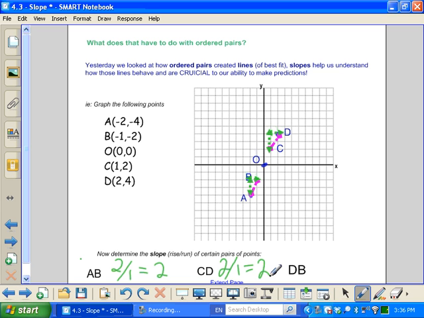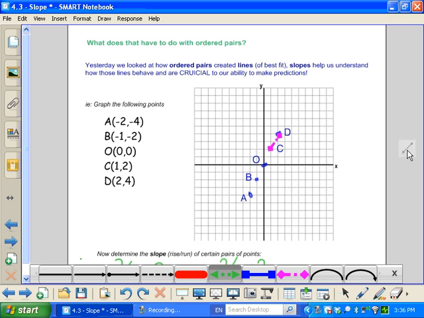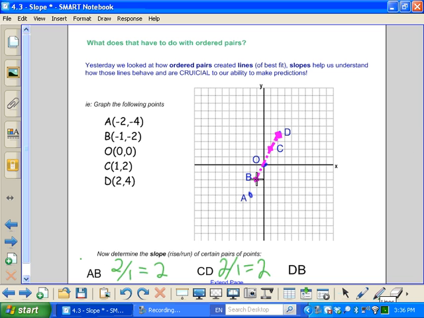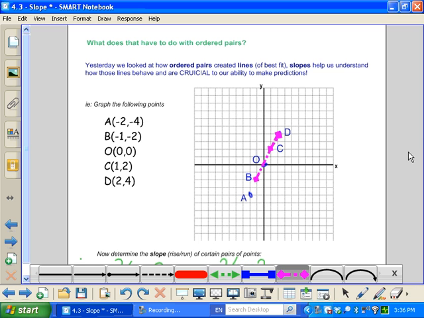What about DB? Here's something interesting as well. Let me clear out the clutter here, so we can get a look at D and B. The line segment that connects D and B is interesting because its run is actually negative.